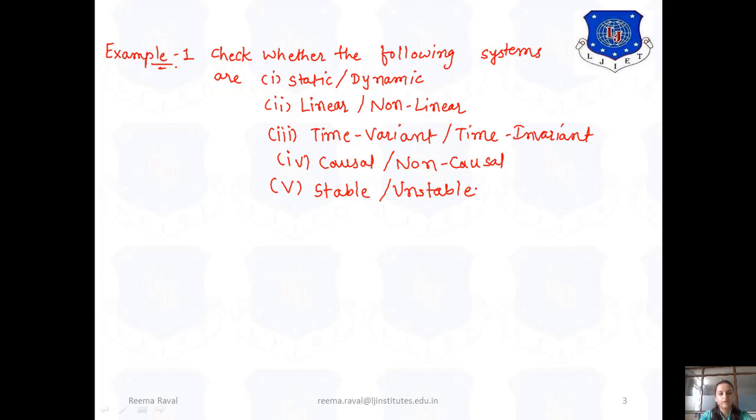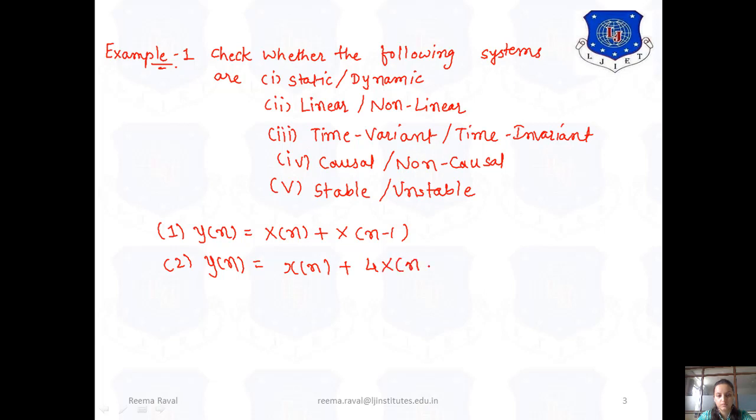So you are asked to check all of these properties, and the data are: first, y of n equals x of n plus x of n minus 1. Second, y of n equals x of n plus 4x of n plus 1.